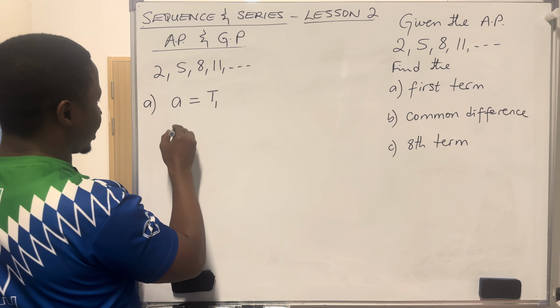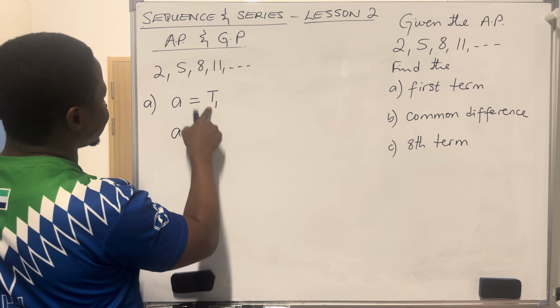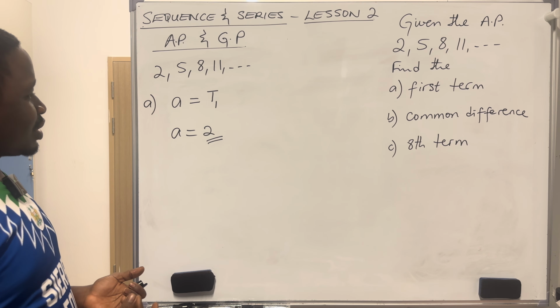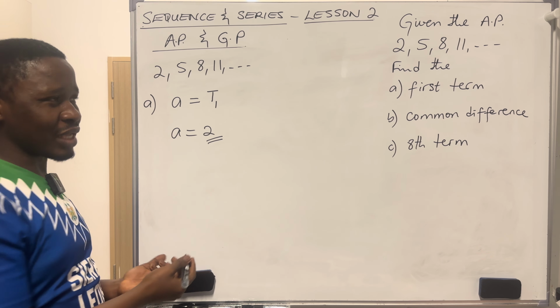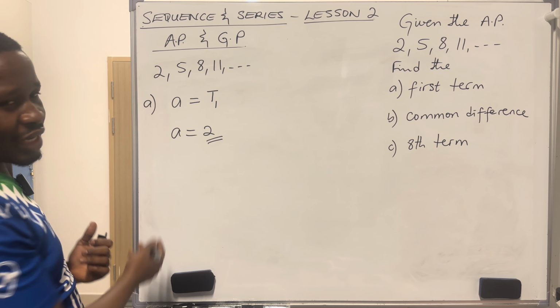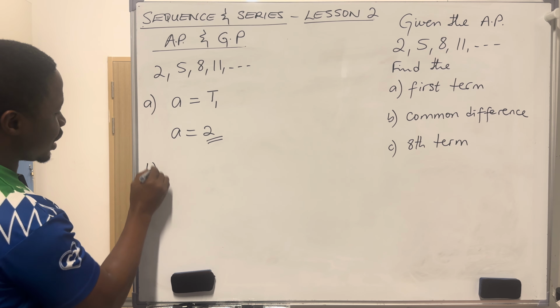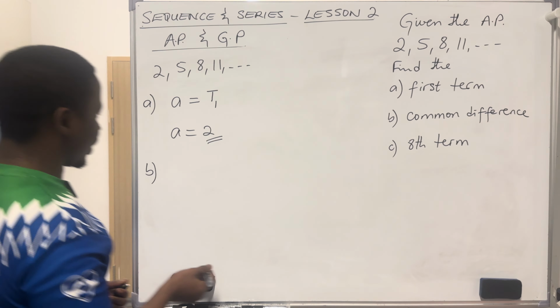So A is equal to, what is the first term here? The first value is 2. So the first term is 2. You don't need to waste time on that. The only way you can take 2-3 seconds is if you are slow to write. The first term is the first one here. Now B, we want to find the common difference.